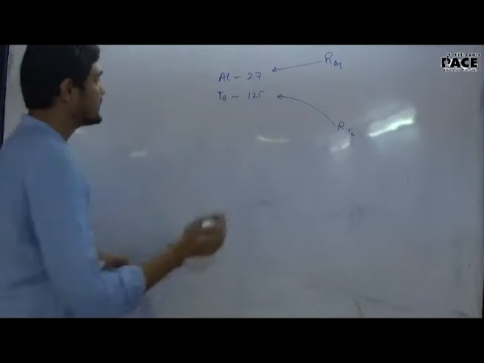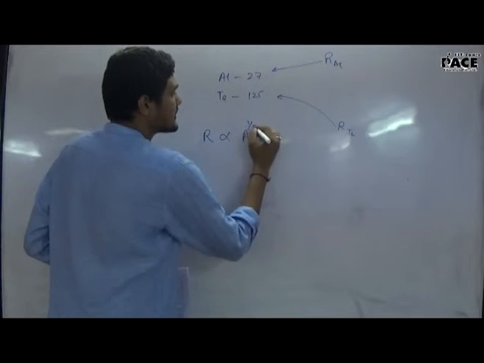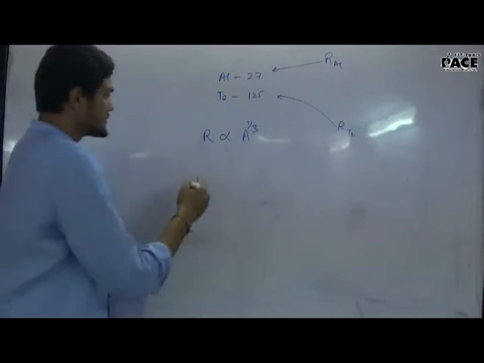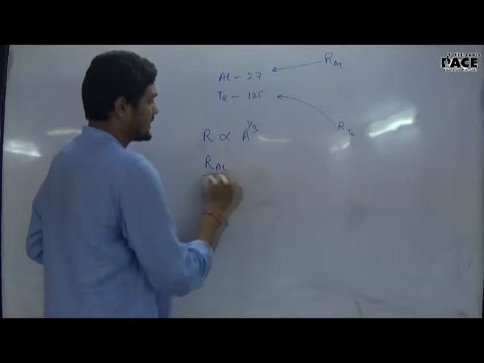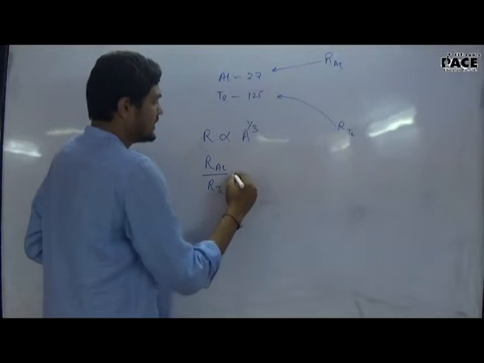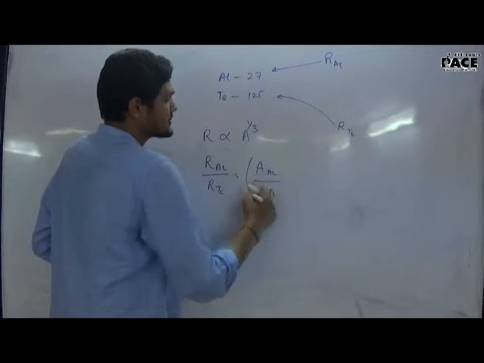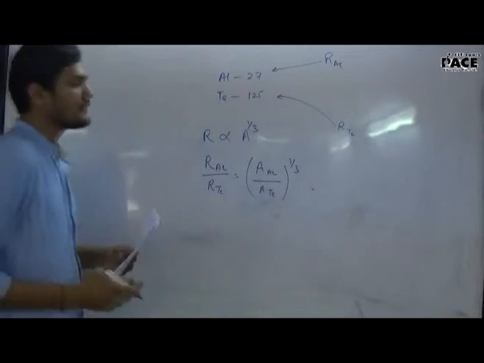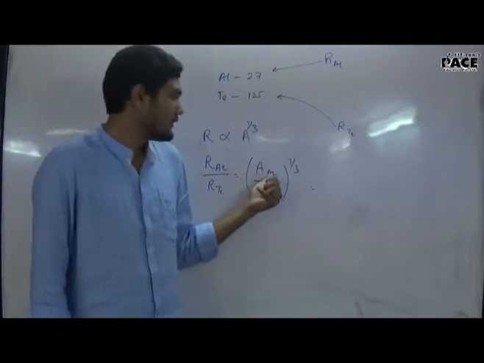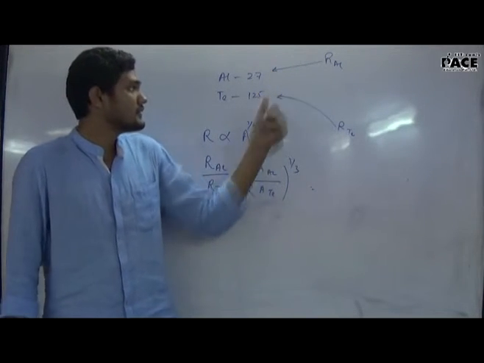For that, we know the radius of a nucleus is proportional to A raised to 1 by 3. Just using the properties of ratio, R_Al upon R_Te should be equal to A_Al upon A_Te raised to 1 by 3. Now put the values of mass number of aluminium and Te as 27 and 125.